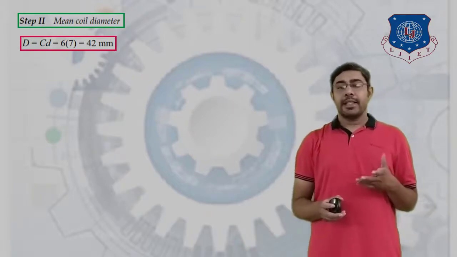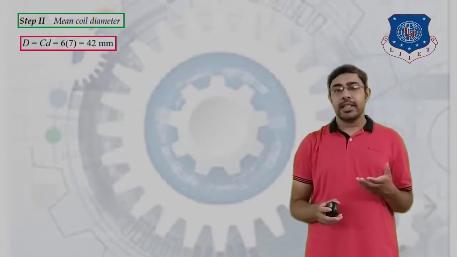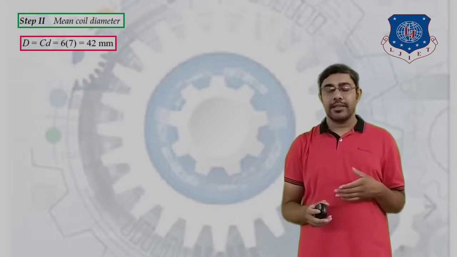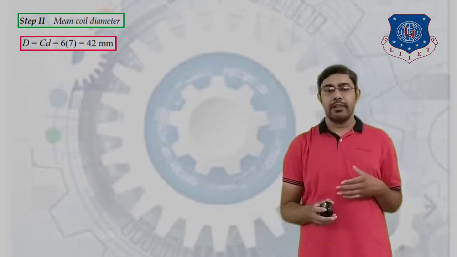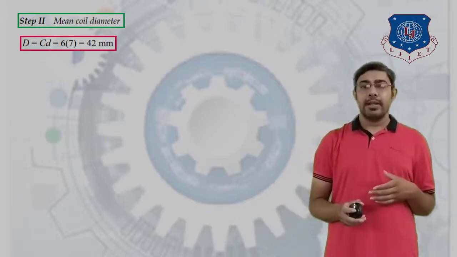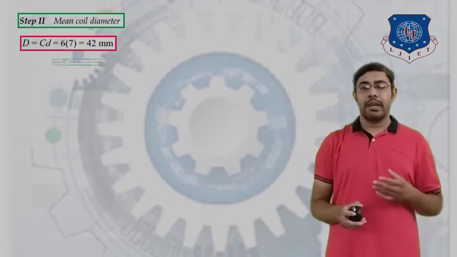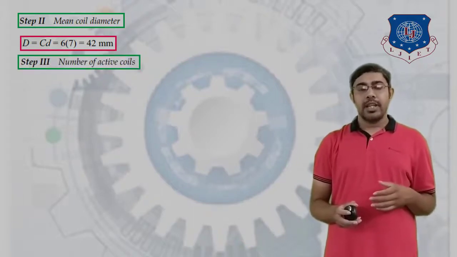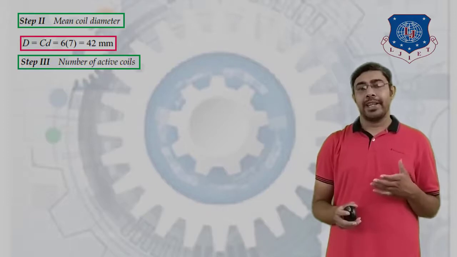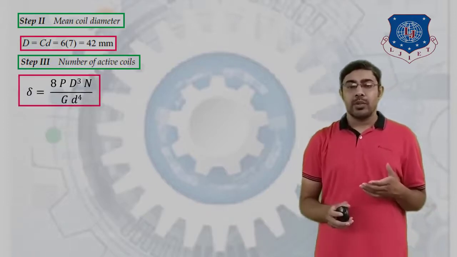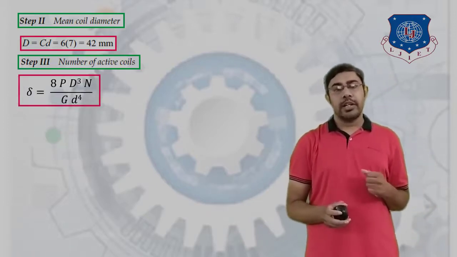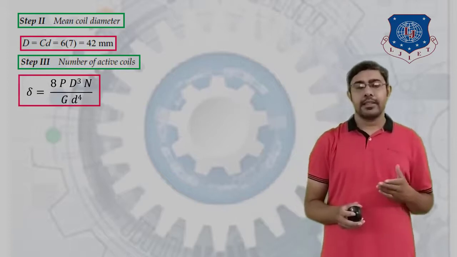So if we place the values of capital C and small d in the equation of capital D, the mean diameter, we get mean diameter equal to 42 mm. Now step 3 is the number of active coils. For that we have to use the equation of delta, that is deflection.